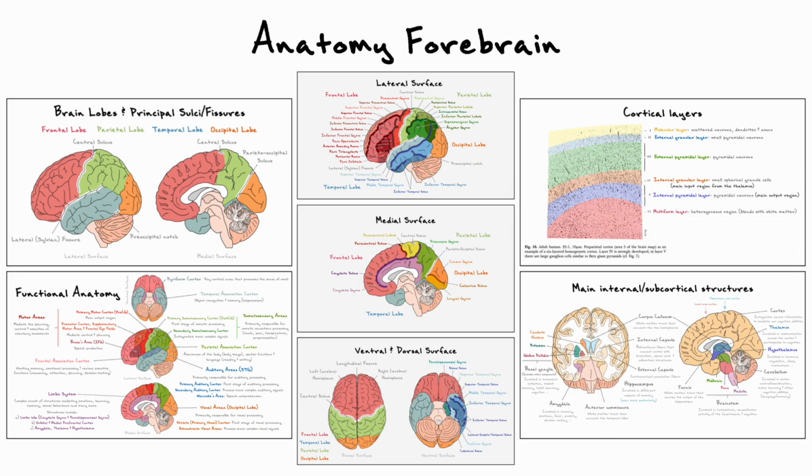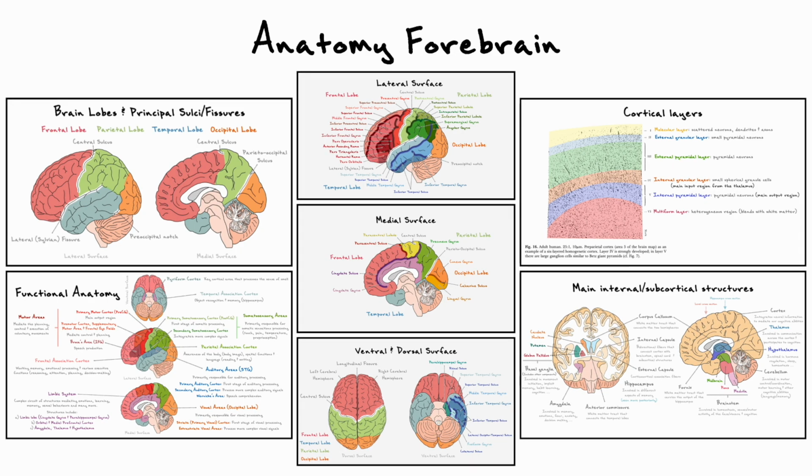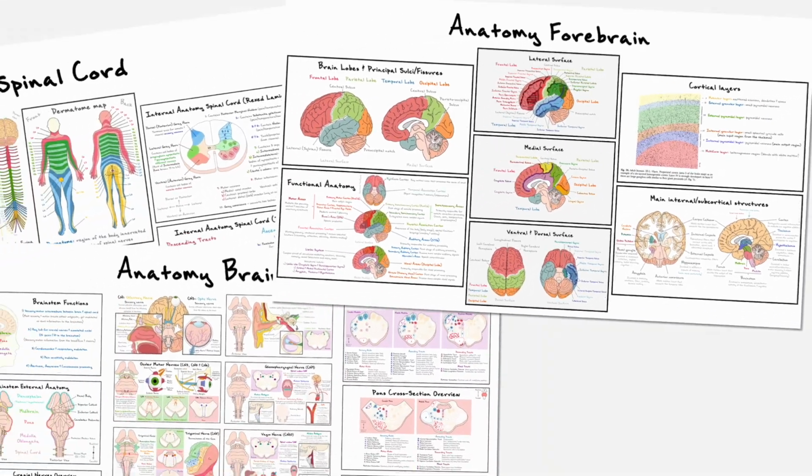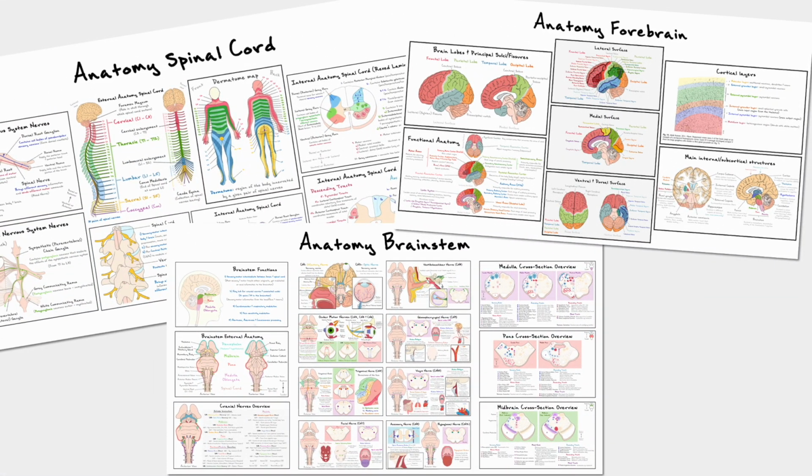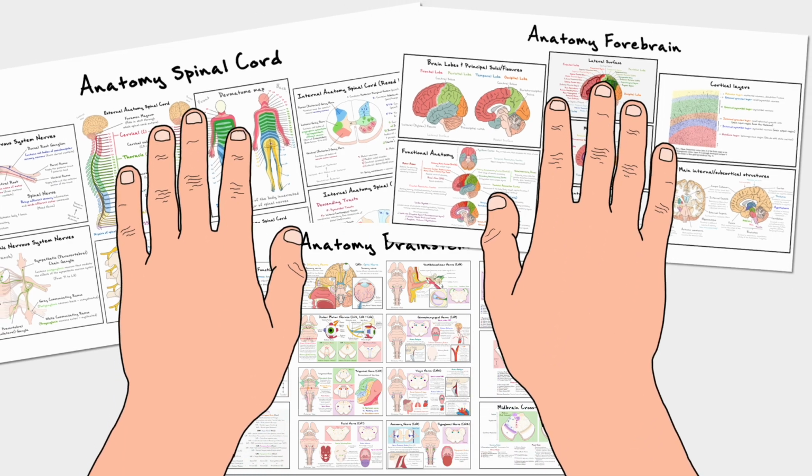Our discussion on the anatomy of the forebrain overall concludes our discussion on the anatomy of the central nervous system, where we surveyed some important components and principles of the spinal cord, brainstem, and of course the forebrain. As you might be aware, there is much that remains to be discussed about the nervous system that we have yet to talk about.